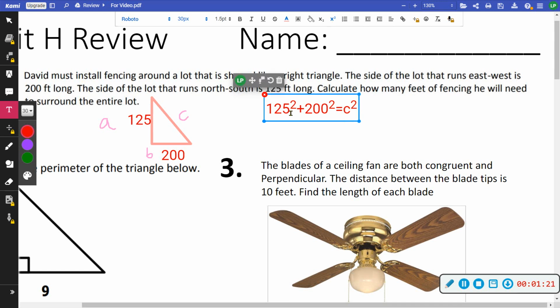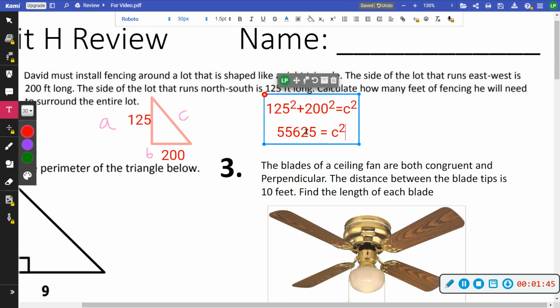Now when I punch 125 squared in my calculator and add on 200 squared, I get 55,625. And that equals c squared. To undo c squared, I take the square root.